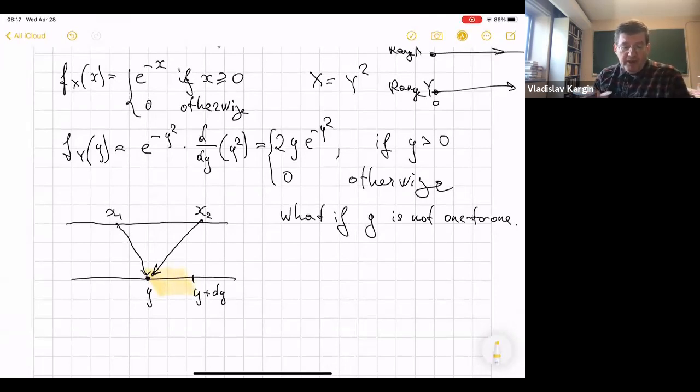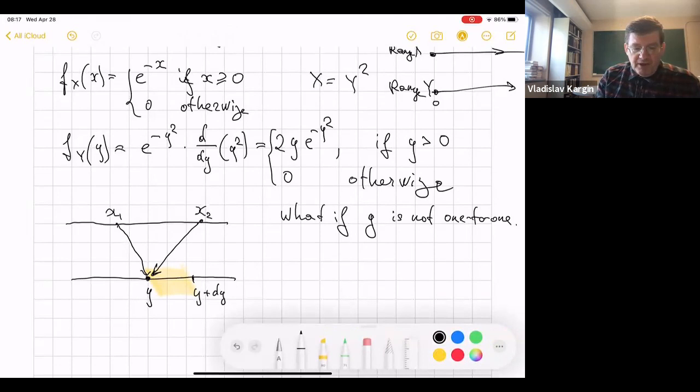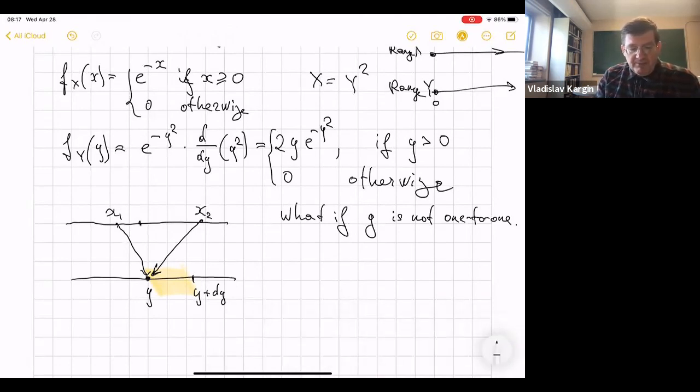Now, if you take the inverse transformation of this interval, after the inverse transformation there will be two intervals. There will be an interval from x1 till some point x1 plus something like a dx, where dx depends on dy. And there will be a small interval here too.